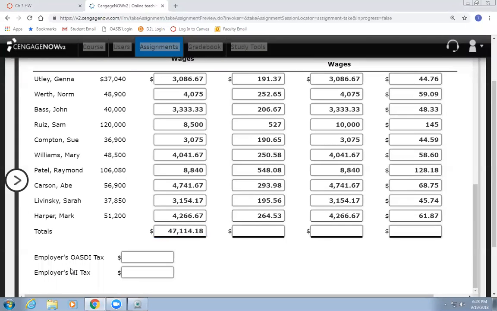The total OASDI tax should be $2,921.07. Medicare taxable wages should be $48,614.18.